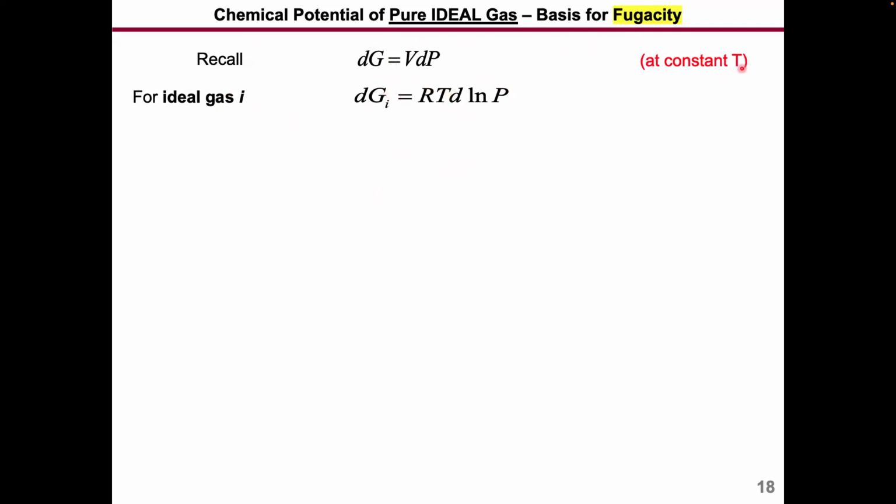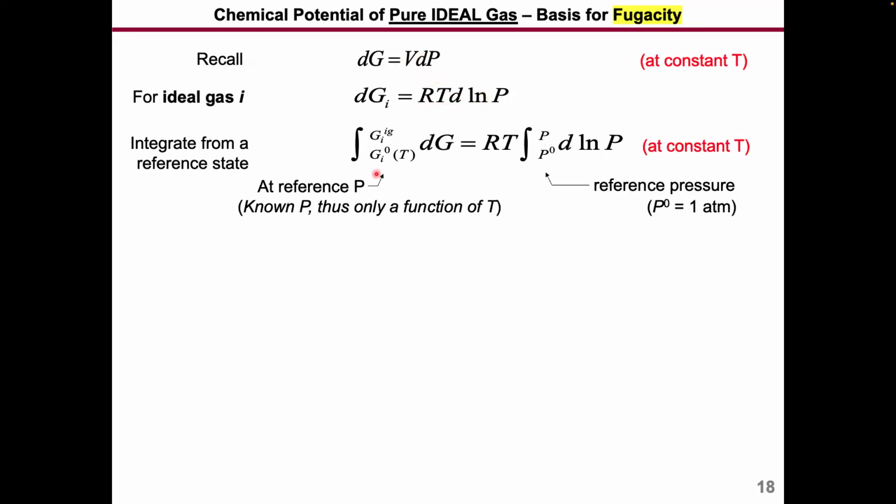So let's say it's a constant temperature process, dG is equal to V dP. And then for ideal gas i, dGi is going to be RT d natural log P, because V is equal to RT divided by P, okay? And then if you integrate from a reference state, right, then Gi^ig minus Gi0 is going to be RT integral from P0 to P of d natural log P. Okay, so you pick a reference pressure, usually 1 atm.